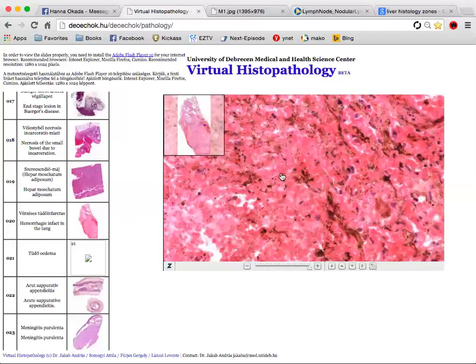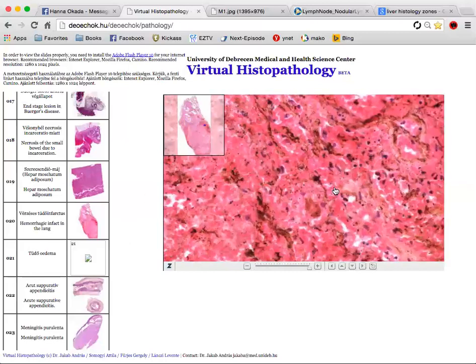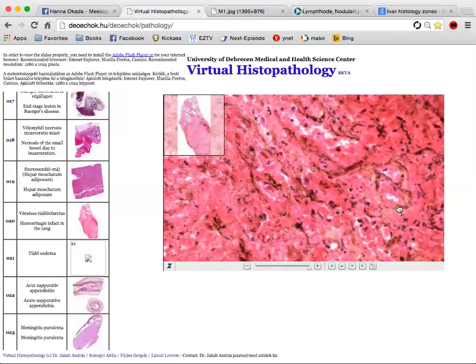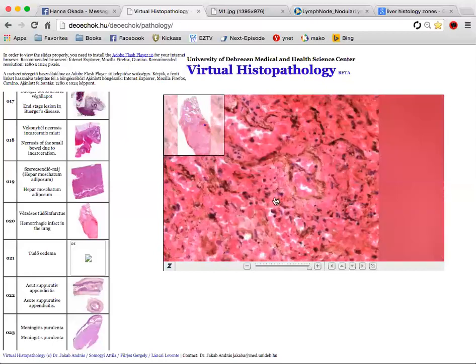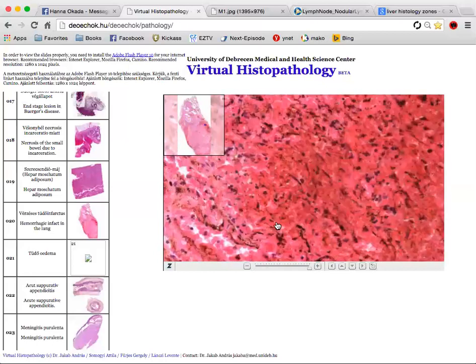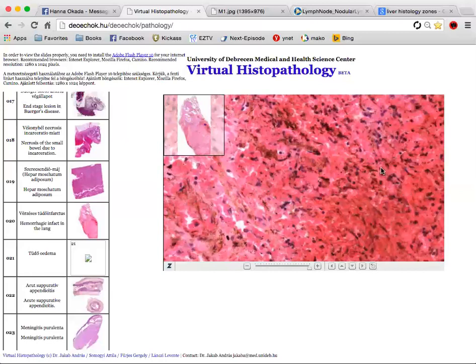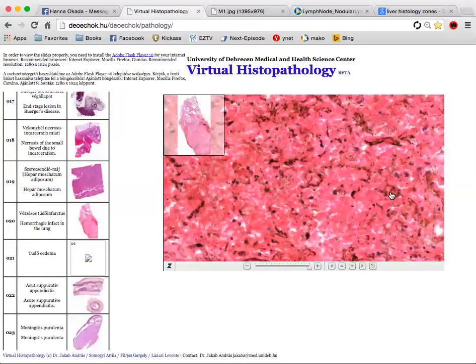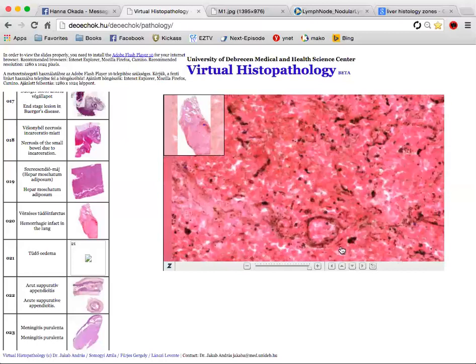Sure. And the last thing I need to show about this slide is you see all this pigment. This is partially digested blood, all the brownish stuff here. And if you see areas that are darker, that might also be coal, because it's still a lung, so there might be some coal here.